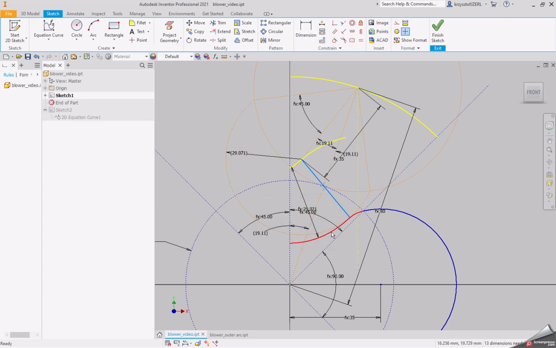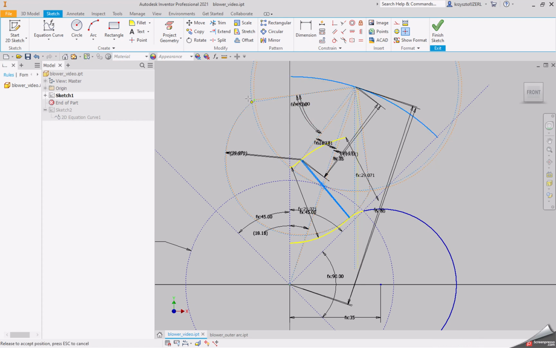And this curve here now is our final curve that forms a trajectory, or actually the shape that the contact point travels. And I will now present it.